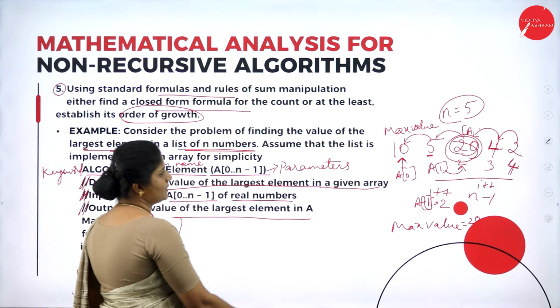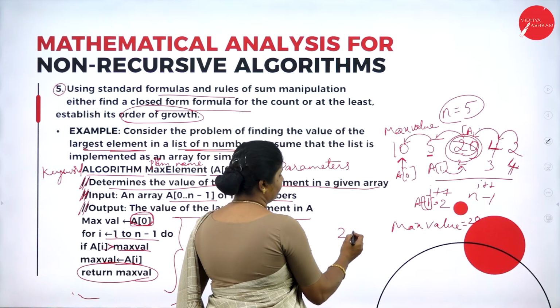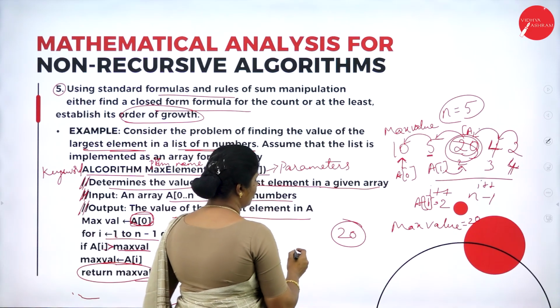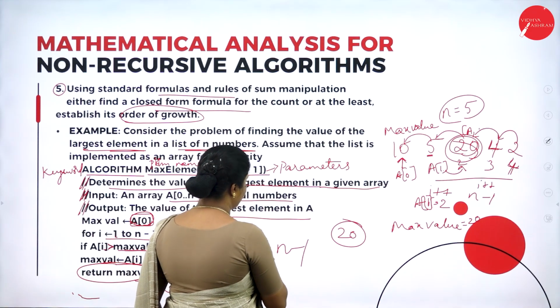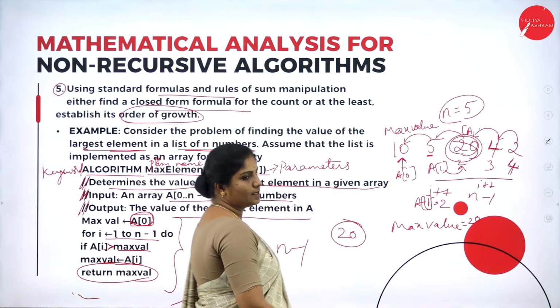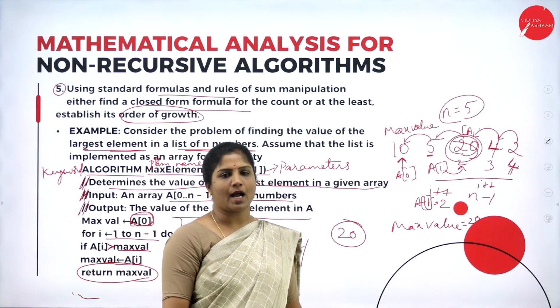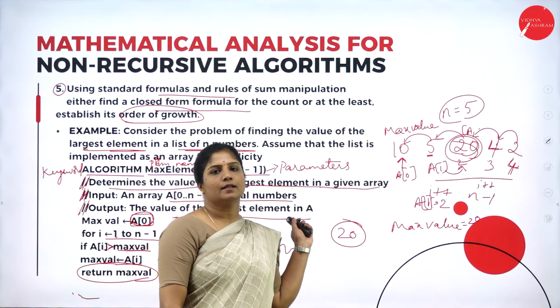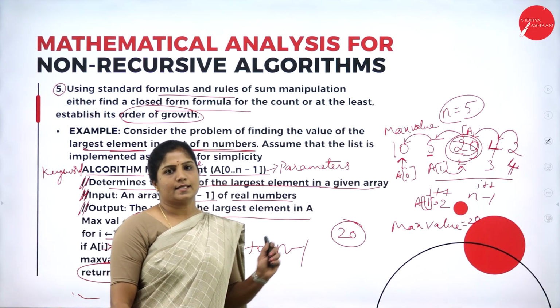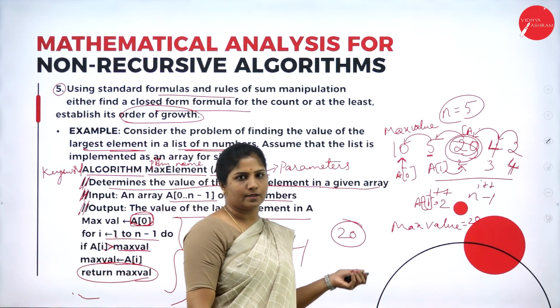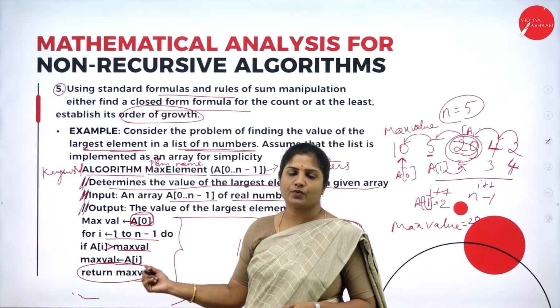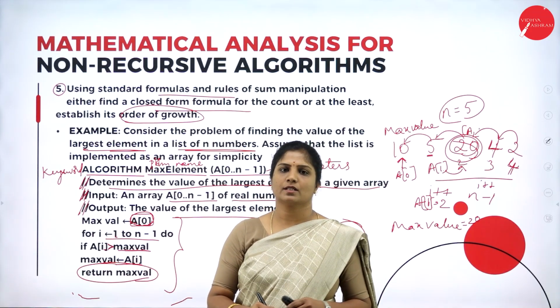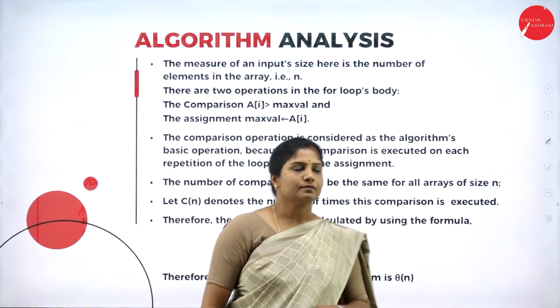That is, the maximum value is 20. So it checks from 1 to n minus 1. This is how searching the maximum element in a non-recursive algorithm works.